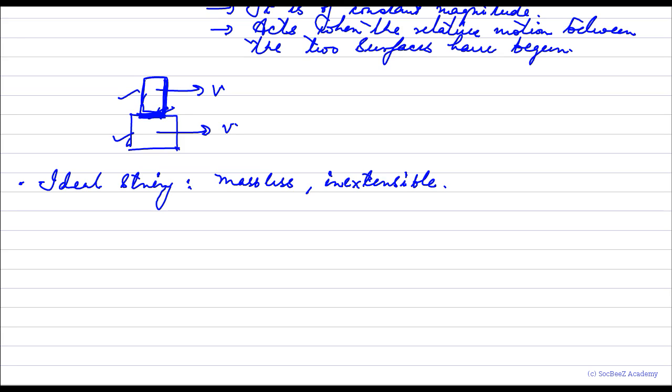And we also have something called an ideal pulley. It is massless and frictionless.